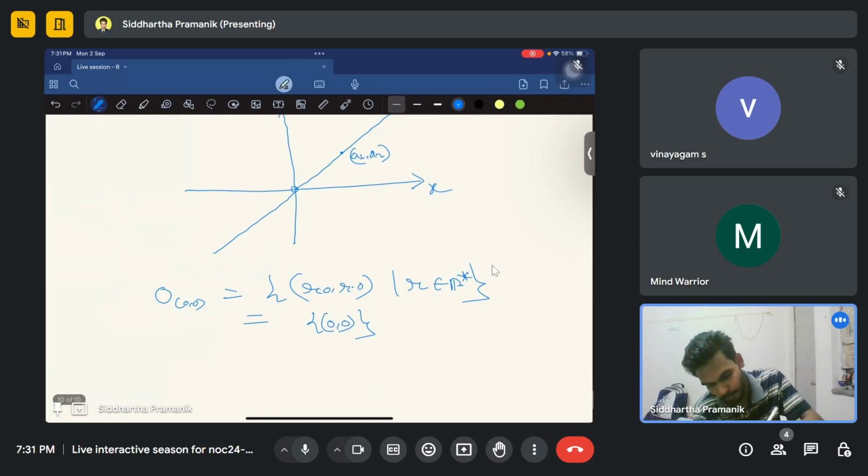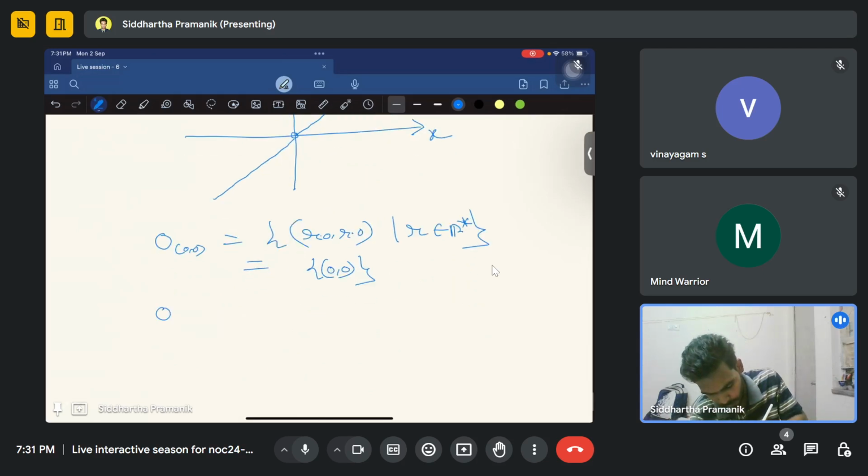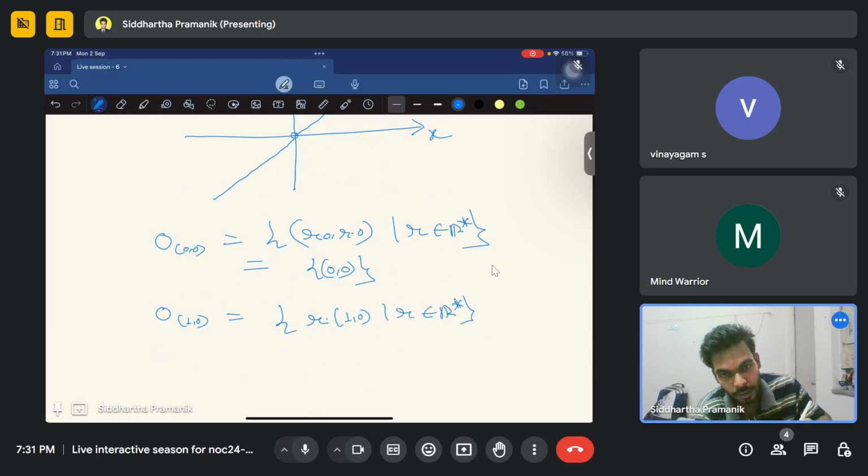If we take the point (1, 0) here, then what is the orbit? The orbit of (1, 0) is {r·(1, 0) such that r belongs to R star}, so this is {(r, 0)}.